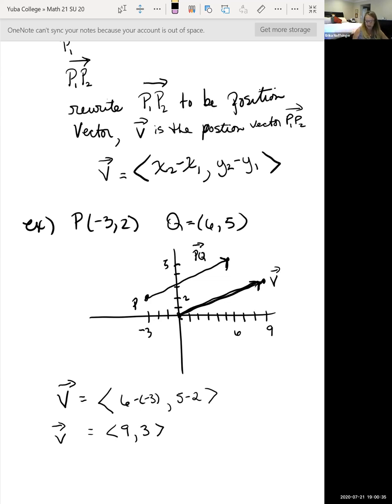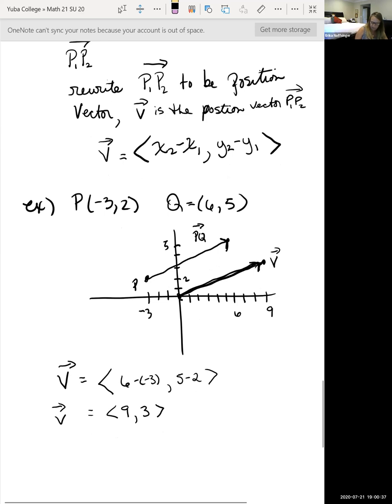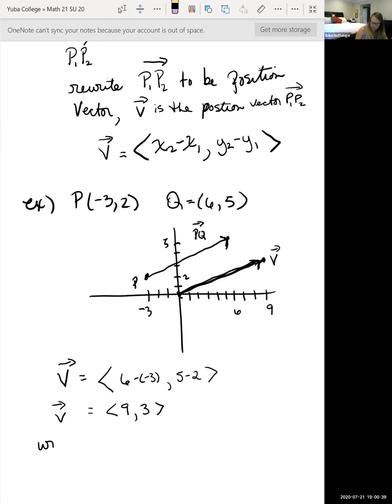Okay, so it wanted it in the form, right? V in AI plus BJ form.